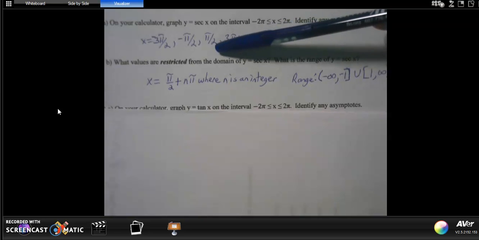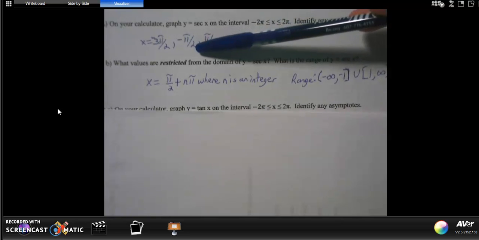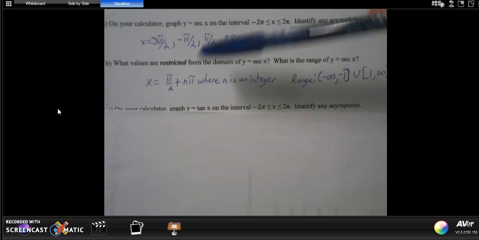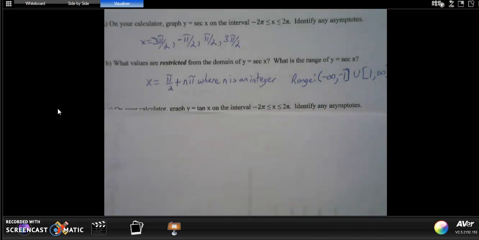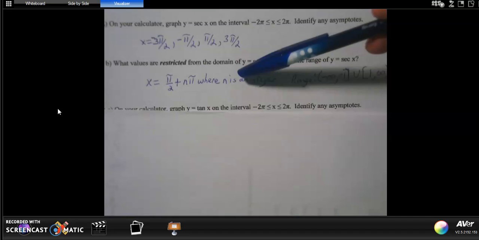So if you start at 90 and add 180 degrees, that'll get you to 270. If you subtract 180 from 90, you get negative 90. Okay, so in terms of pi's, you're adding or subtracting n times pi, where n is any integer. So you start at pi over 2 and then add or subtract n pi, where n is an integer.